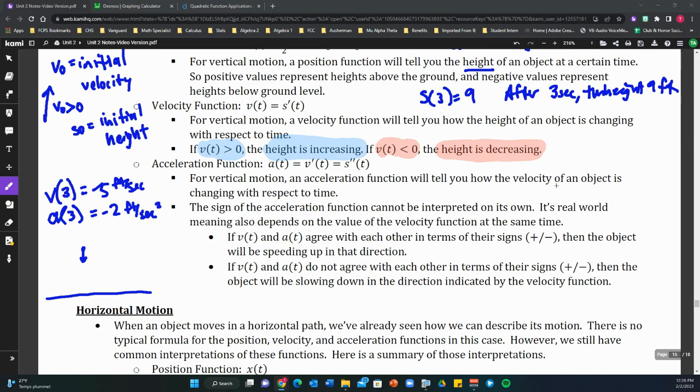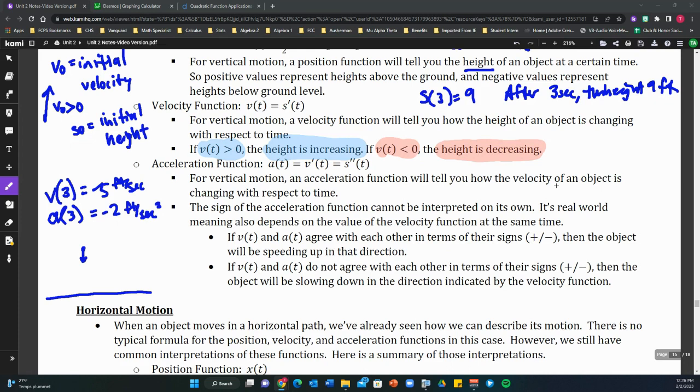Then our acceleration vector is saying that at that same time, because this acceleration is also negative, every second that passes, this gravity is going to pull that object down and make it travel faster and faster in this negative direction. So at this exact moment, the velocity is pulling down 5 feet per second.